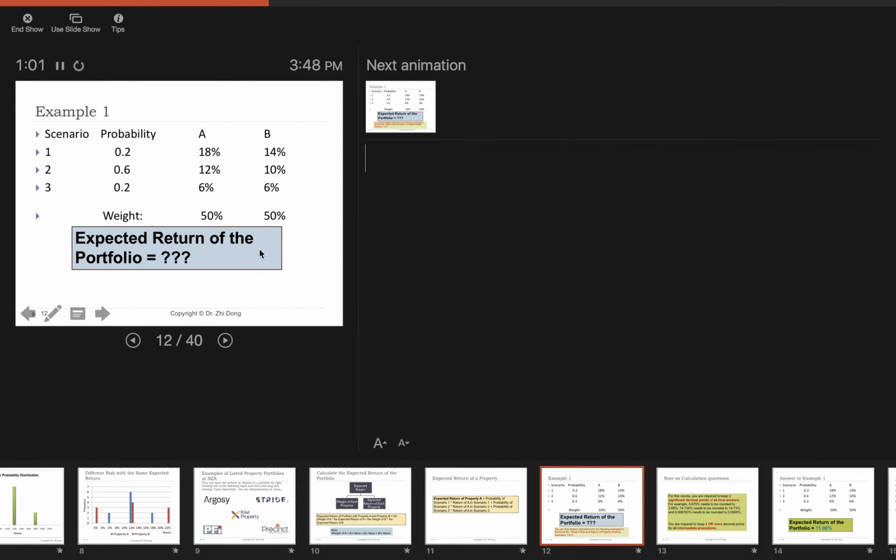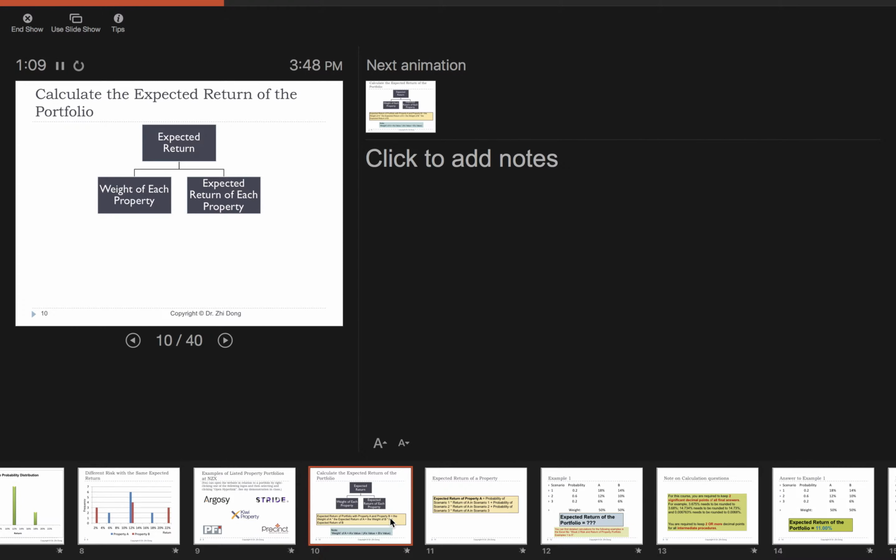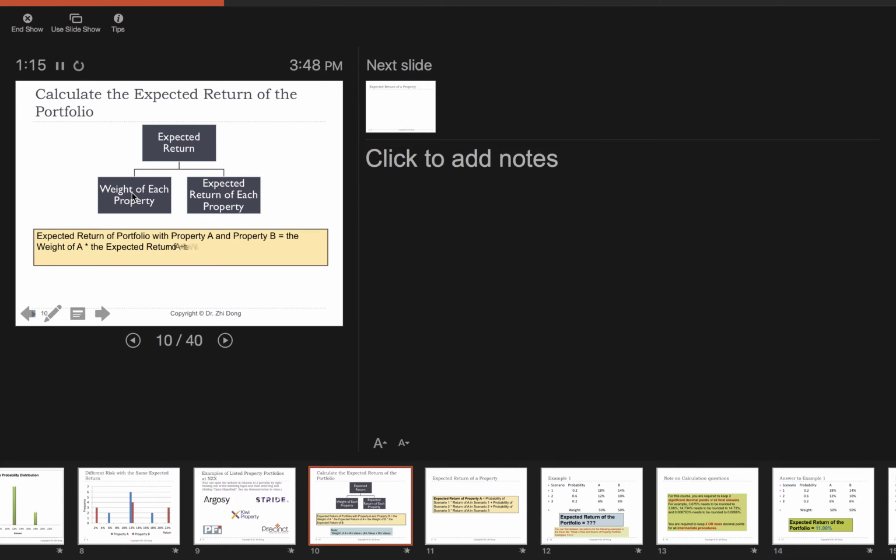In order to calculate it, we need to understand and apply the formula 2 slides before. So now let's go back to the slides over here. We do need information of the weighting of each property and the expected return of each property.